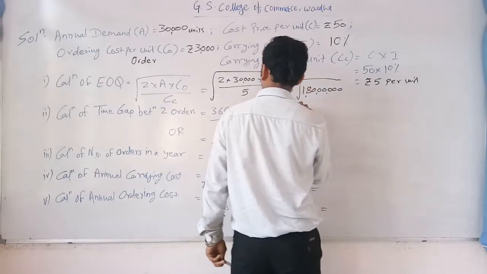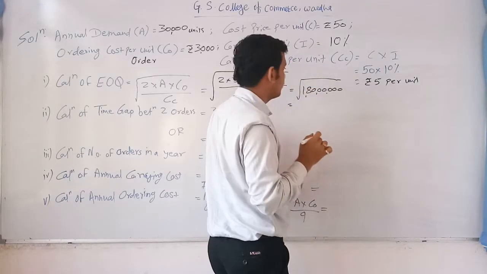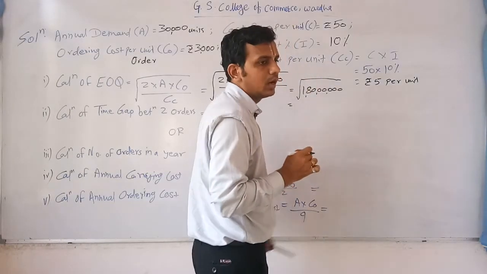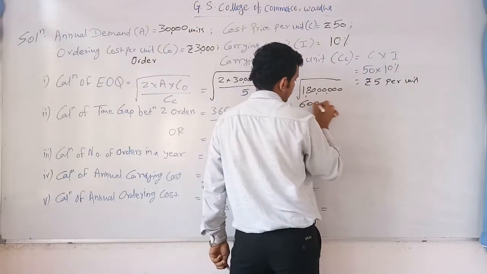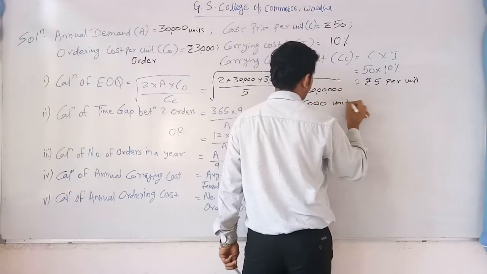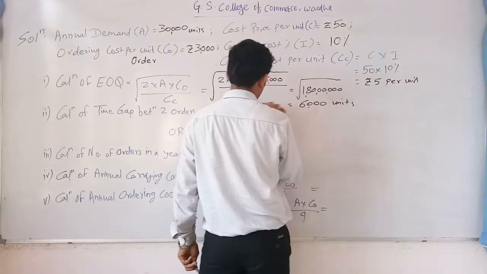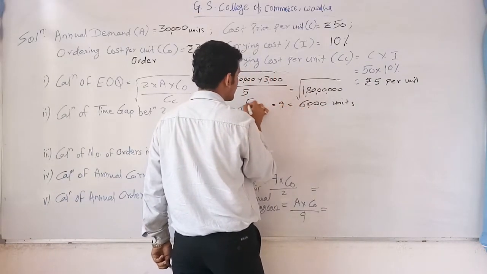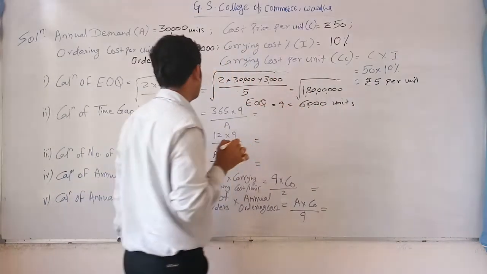The final EOQ after solving the under root would be 6000 units. This is our EOQ, that is 6000 units.